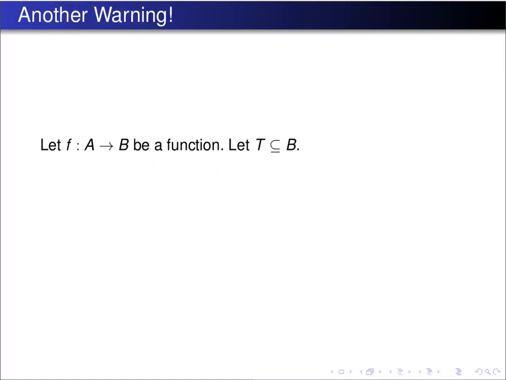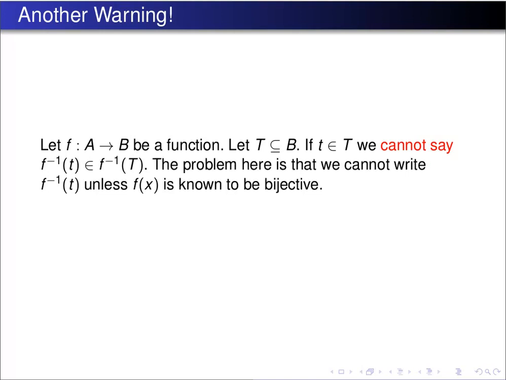Another warning here, if f is a function from A to B and T is a subset of B, if t is an element of T, we cannot say that f inverse of t is an element of the preimage of the set capital T. Now the reason we can't say that is we can't even write f inverse of little t unless we know f is bijective.